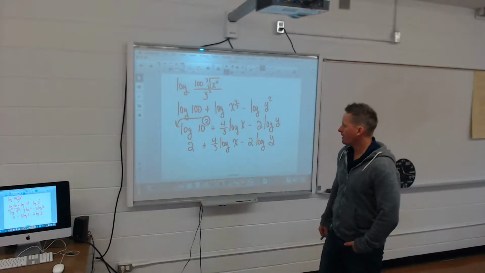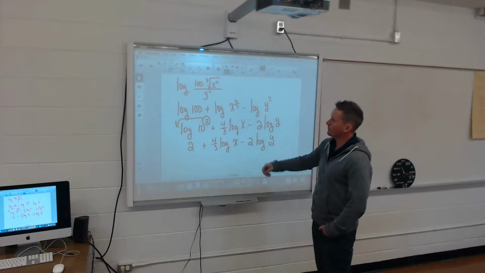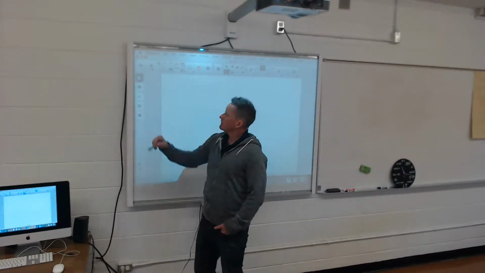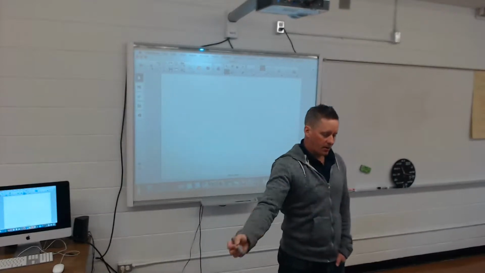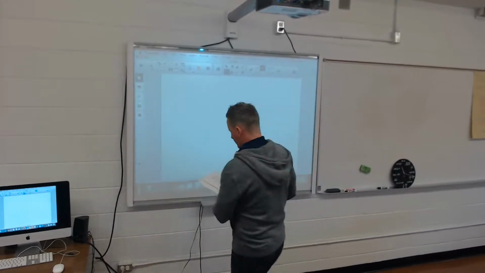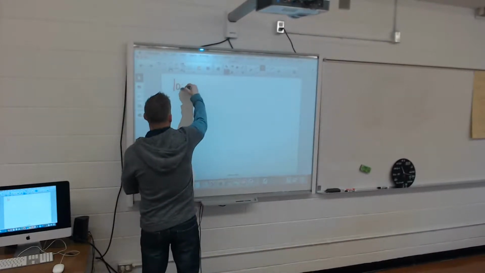And then the second part of this, so again, I'm going through it fairly quickly because we have done some of this. The second part of this is to go backwards. Make them single logs from expanded form.